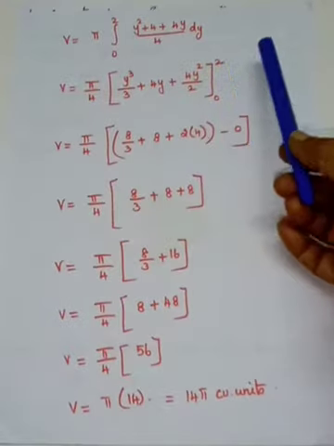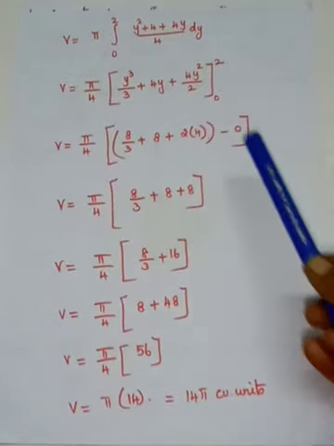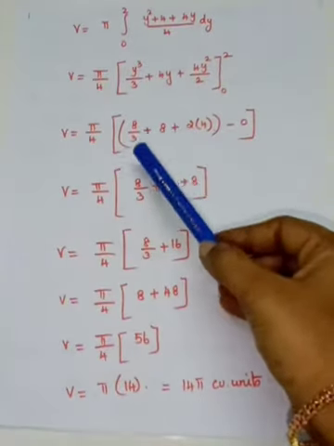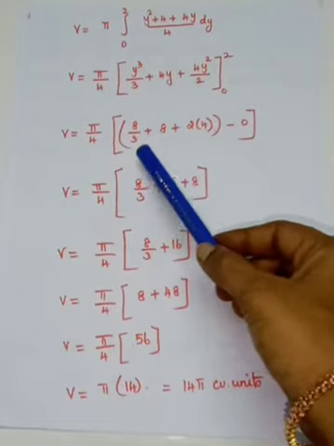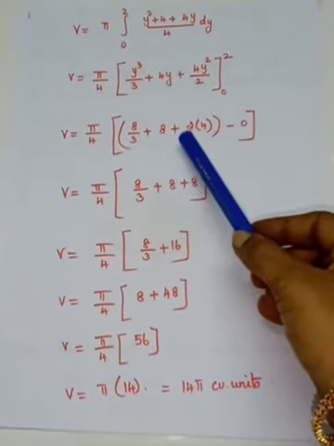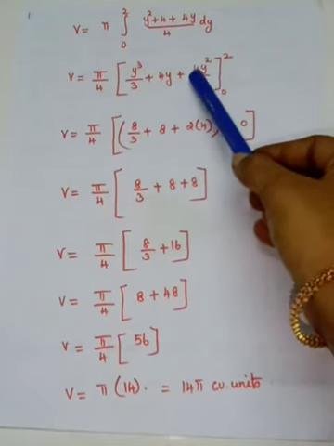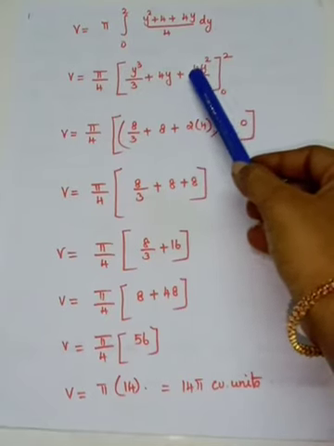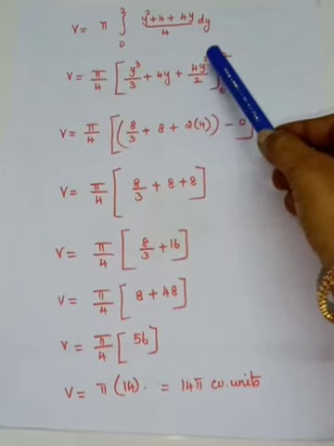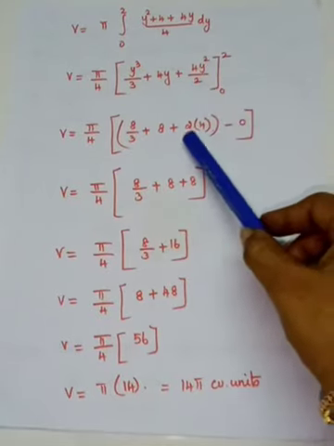Then apply the upper limit, which is 2. Substituting 2: 2 cubed is 8 by 3, plus 4 into 2 is 8, plus 2 and 4 getting cancelled, so the numerator has 2. And substituting y as 2, 2 squared is 4, and 4 into 2 is 8.